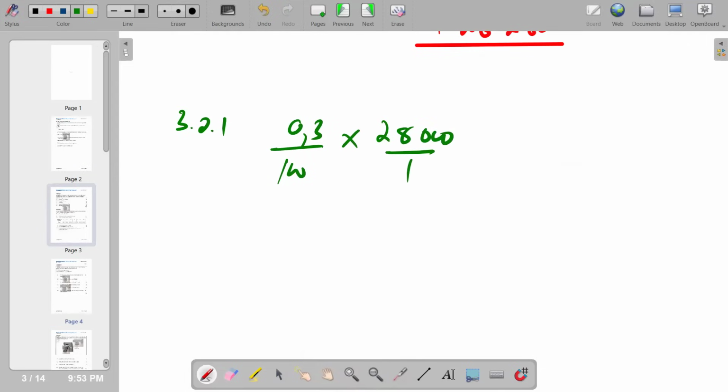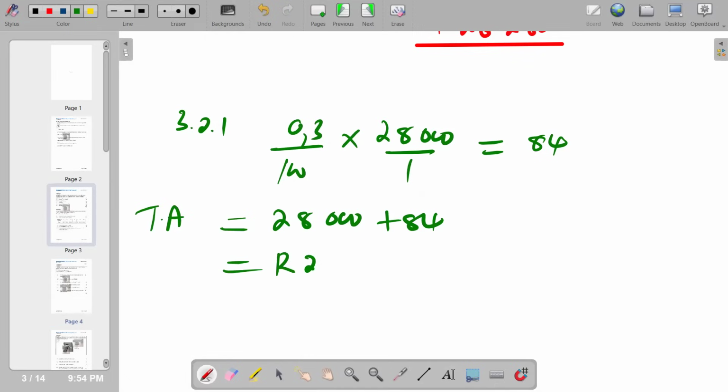So you apply like this, the amount that you're going to get is 84. Then you say the total amount now will be equal to 28,000 plus 84. Get your total is 28,084. So this is on the first part.